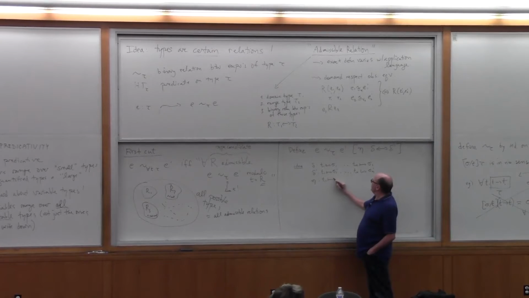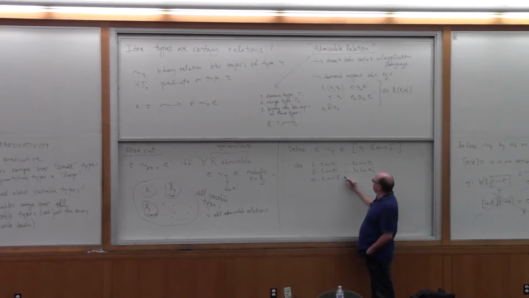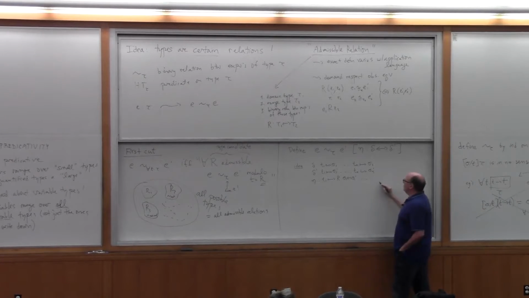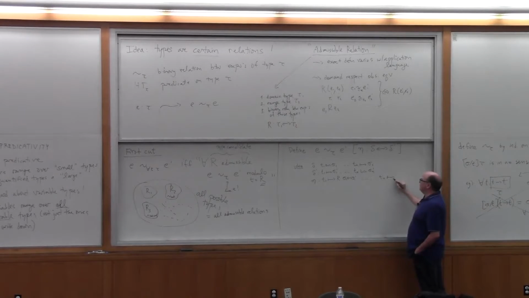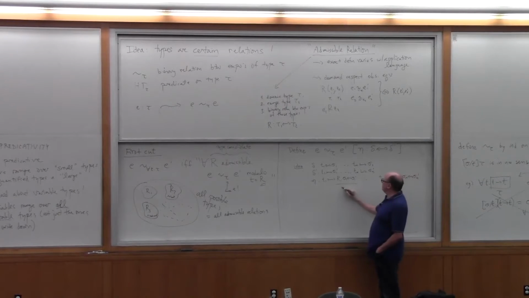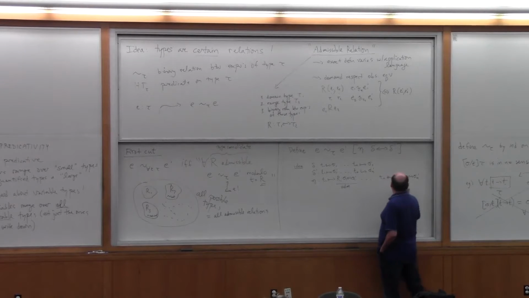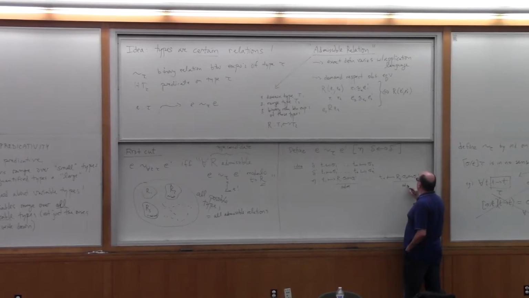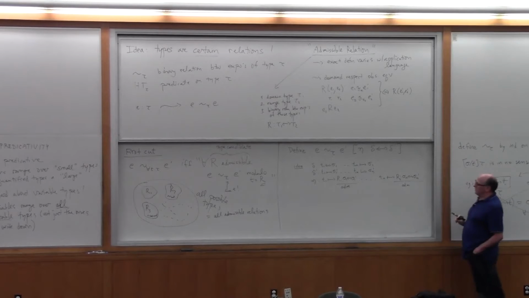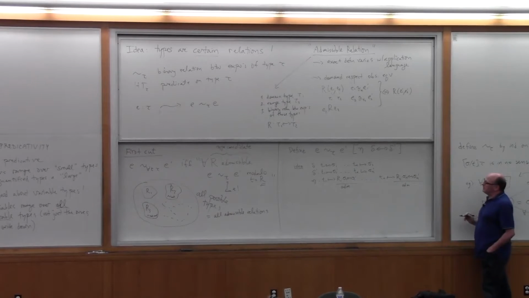It sends each one to an admissible relation between sigma 1 and sigma 1 prime, and all the way down, let's call that R1, and then this would be Rn, relating sigma n and sigma n prime. And these have to be admissible. It's an admissible class of relations. So that's what we do.